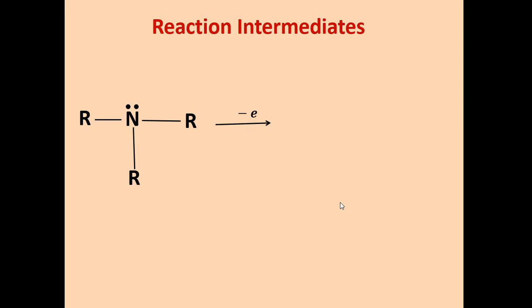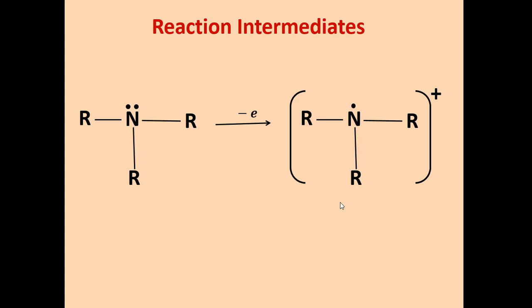One electron is removed. That means instead of two electrons over nitrogen, you will have only one electron. And because one electron is removed, one negative charge is removed, and the system will also have a positive charge. Over the nitrogen, you find that instead of two electrons, you have one electron.